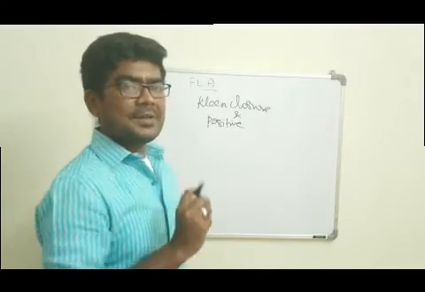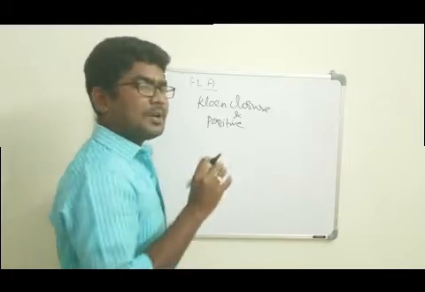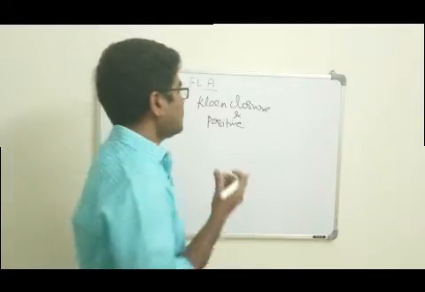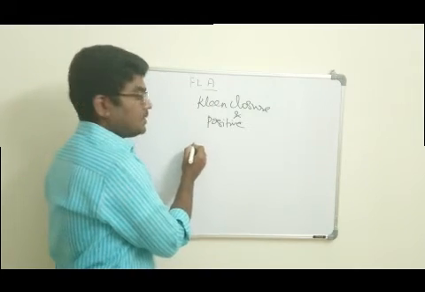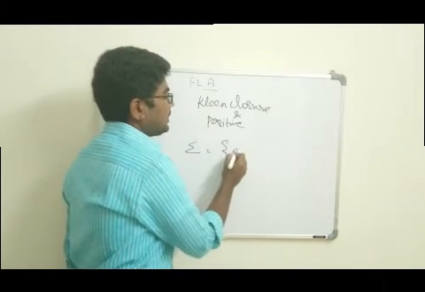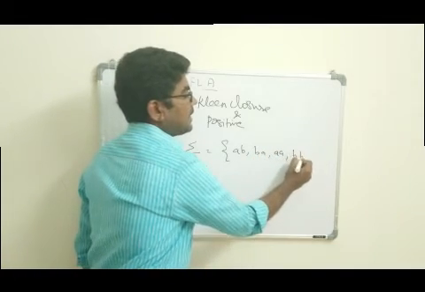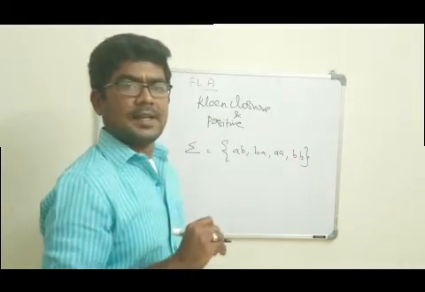What is the Kleene closure? You have already studied that a set of strings is said to be a language. Now this set of strings, you write like sigma equal to AB, BA, AA, BB; we have written a set of strings inside a language.